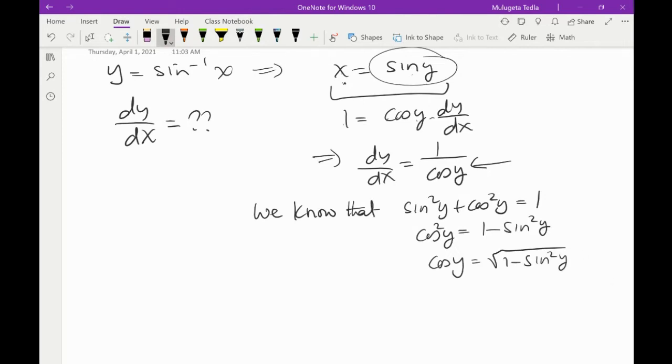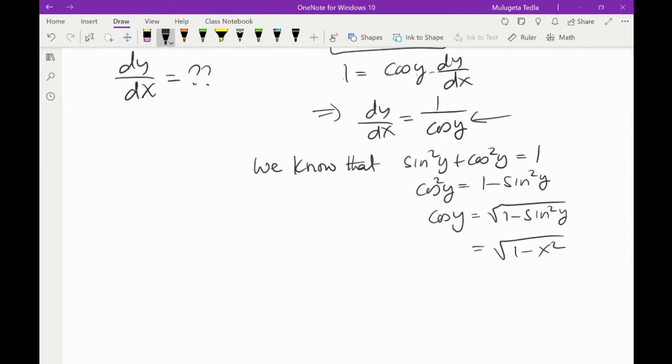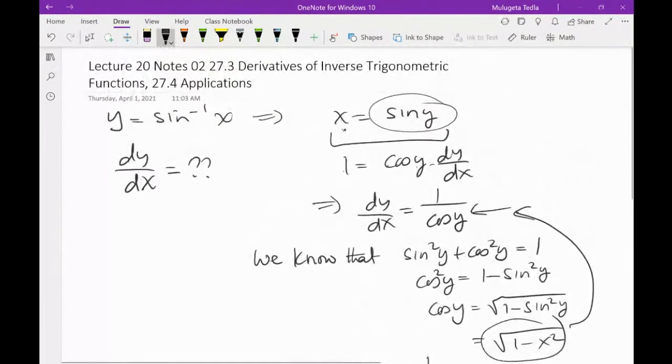But sine y is x, so it is the square root of 1 minus x squared. So you can go back here and place this instead. Therefore, dy by dx happens to be 1 over the root of 1 minus x squared, where x is sine y.